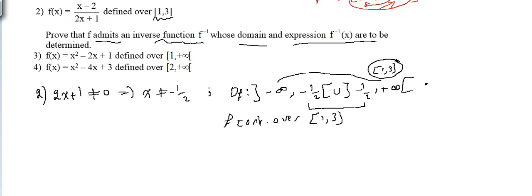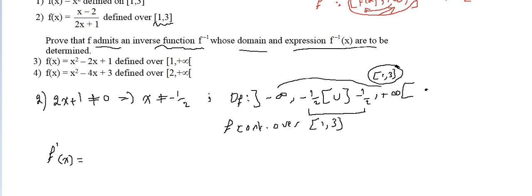The second thing, we directly find the derivative of this function. What is the derivative of a rational function, u over v?